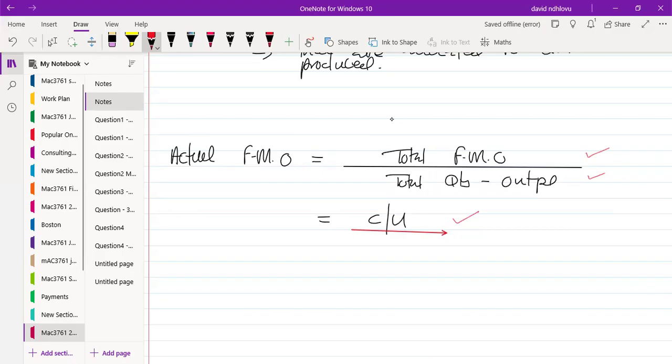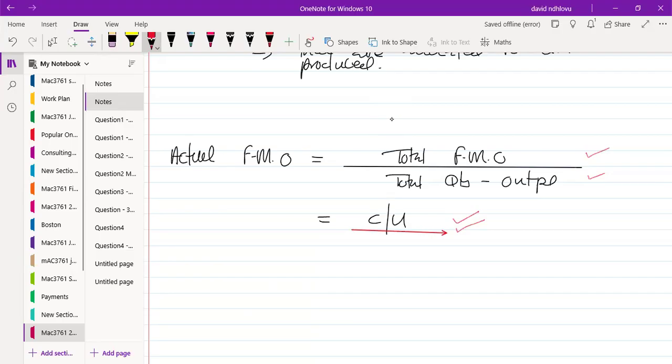We can apply our markup. So we are saying we cannot wait until the end of the year to get this cost per unit, which means we'll have to wait for the end of the year to determine the selling price, which means we should be producing from the beginning of the year up to the end of the year without selling, waiting for us to determine our cost per unit and therefore our selling price.